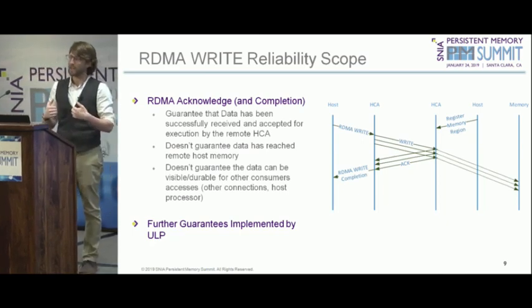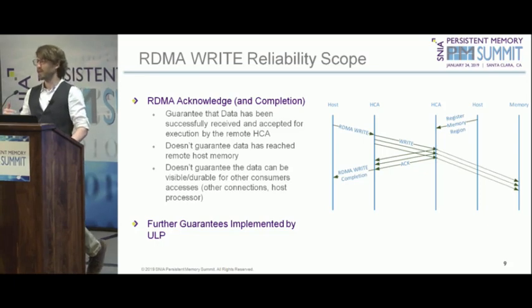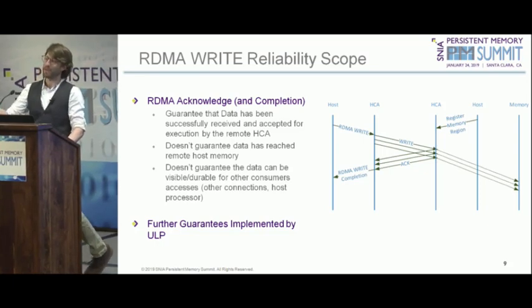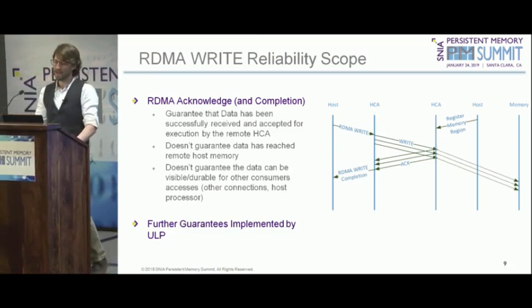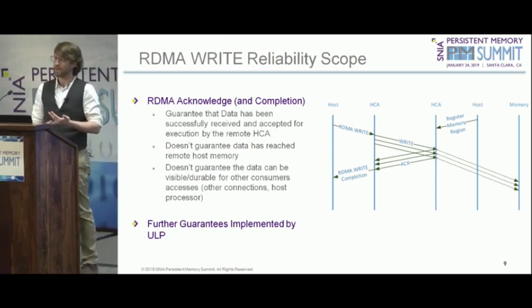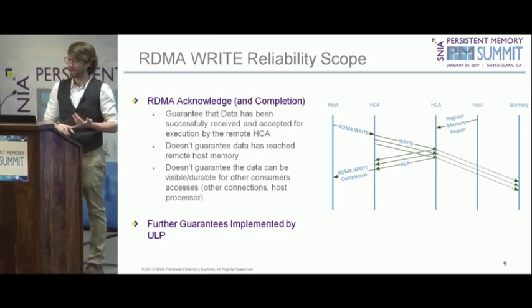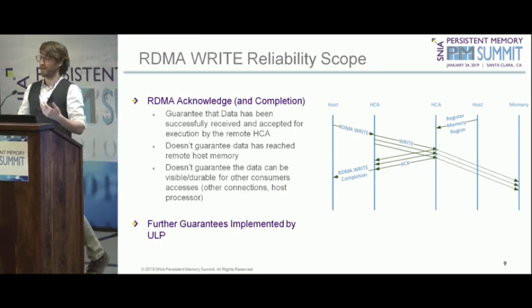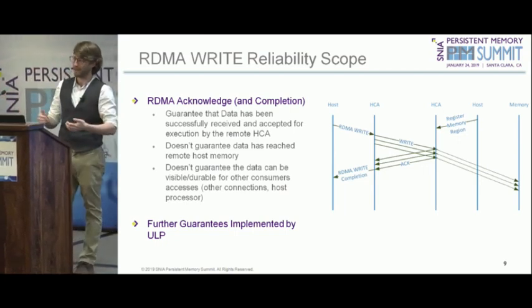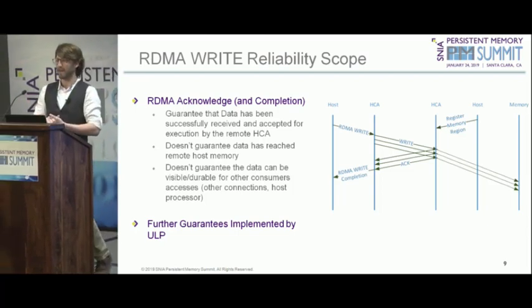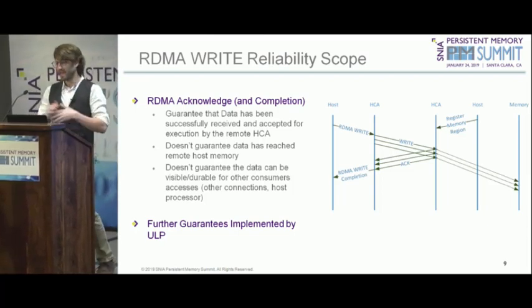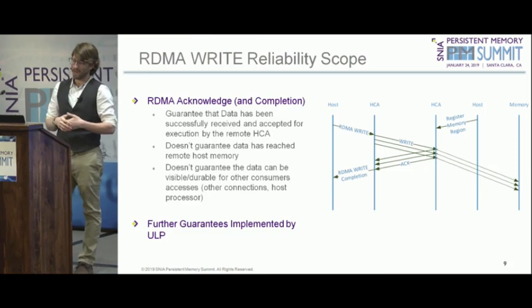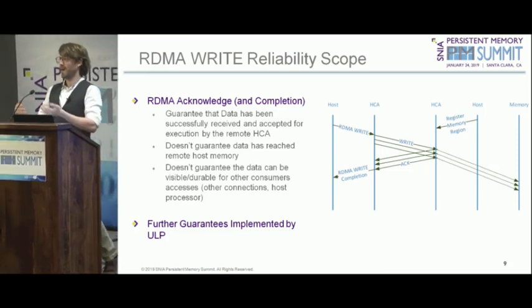I will get acknowledgements on these write packets once those packets have arrived at the remote side. It doesn't mean that it has arrived at the host, or at the memory. It just guarantees that the packet has been delivered, so I won't need to retransmit it. It doesn't mean, for example, that this data is visible to other connections.